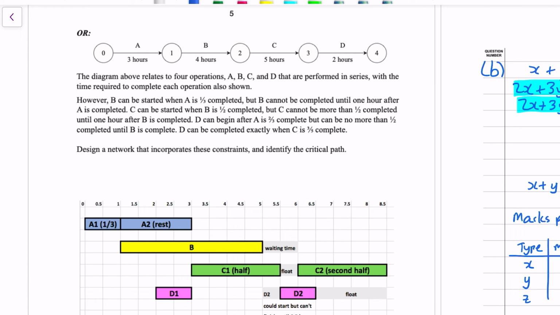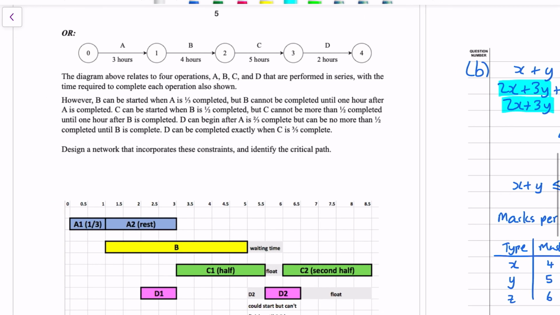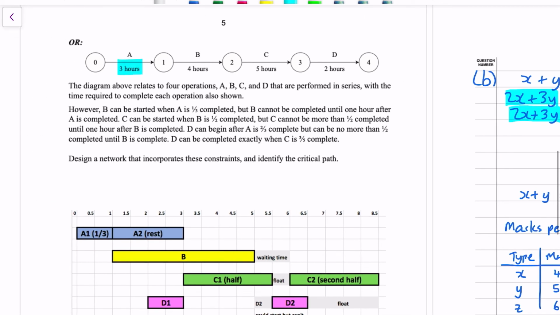So B can be started when A is a third completed. So A has a duration of 3. So after 1 hour is gone, B can start, and it's shown on the diagram there. B is starting.